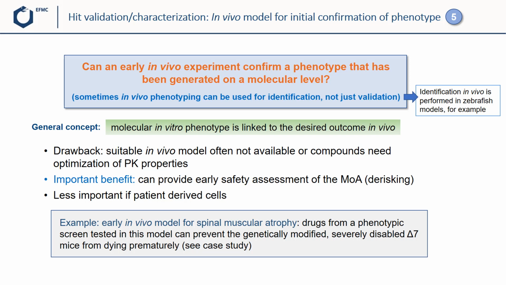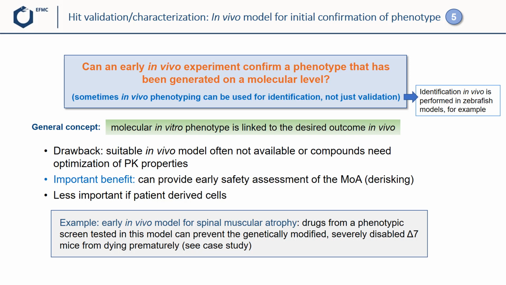It is to verify if the in vitro phenotype is actually linked to the desired outcome in vivo. While we acknowledge that this is often not straightforward to have a suitable in vivo model available, the benefit of looking into this is beyond the just mentioned confirmation, but that you also try to provide a safety assessment of the mechanism of action as early as possible.